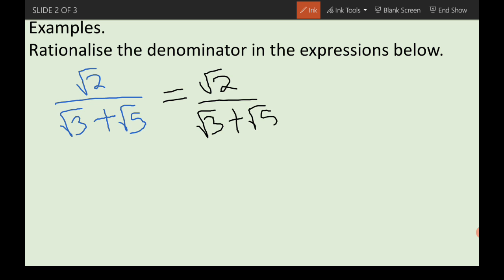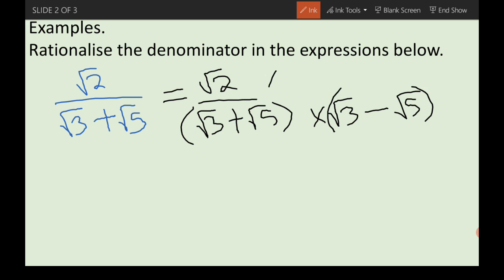You multiply the denominator by root of 3 minus root of 5, and do the same in the numerator, times root 3 minus root of 5.